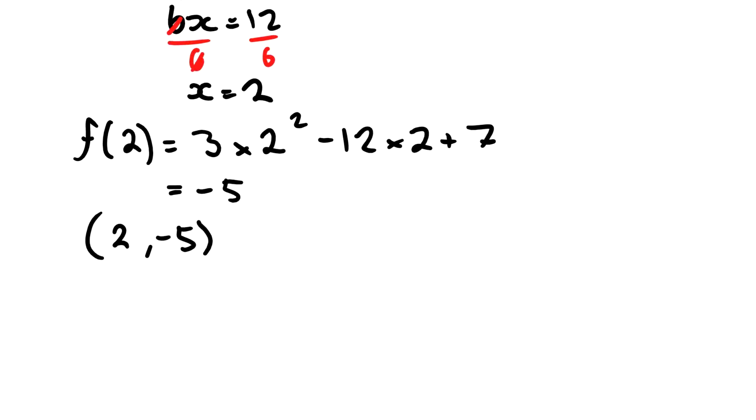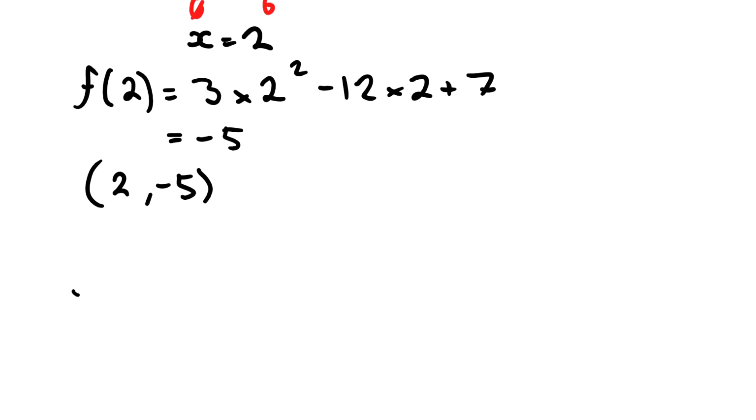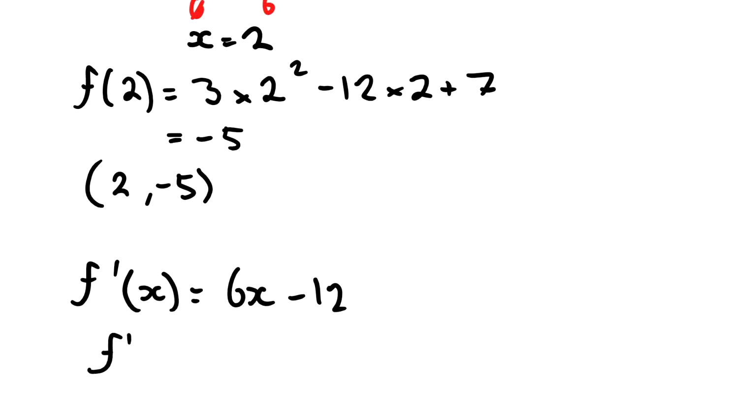The next thing I need to determine is what kind of point it is. We need to show that it's a minimum, but to do this we work with our second derivative. Before I do that, we should write down what the first derivative is. The first derivative, if you remember, was 6x minus 12. Let's differentiate that, and we get 6.